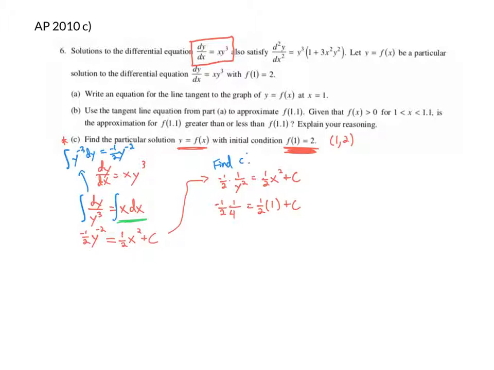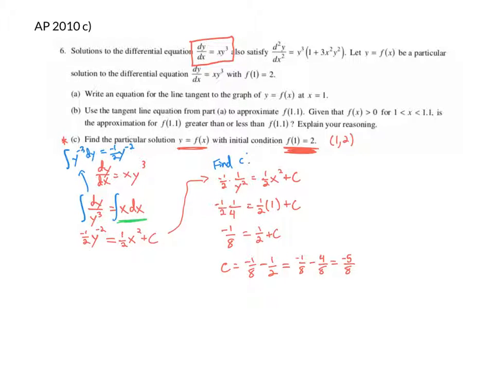So what I would end up with here is negative 1/8 equals 1/2 plus c. So c is equal to negative 1/8 minus 1/2, which simplifies to be negative 1/8 minus 4/8, which is negative 5/8.